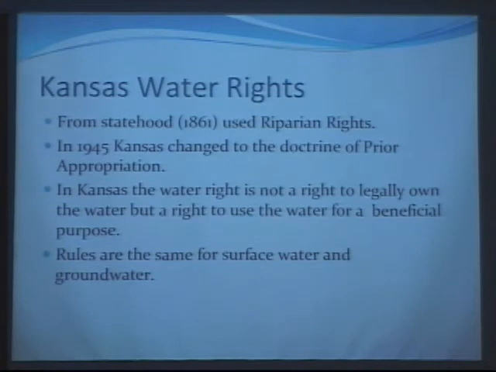So here we're talking about rights that are connected to owning land next to a river or a lake. However, in 1945, Kansas decided to change their rules and use what's called prior appropriation. Prior appropriation is the kind of rules that Colorado and drier states to the west use, and riparian rights are what Missouri still does use.